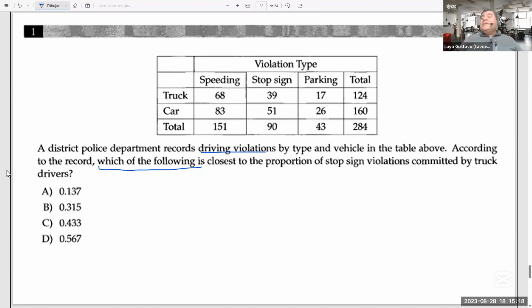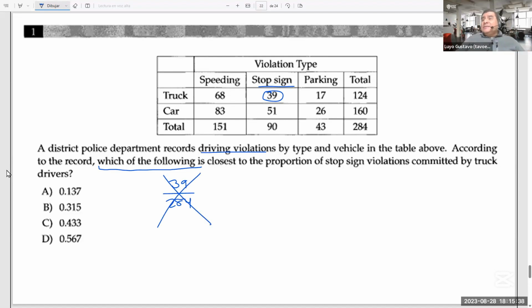Which of the two is the correct understanding? Okay, please pay attention to this, because if you thought that it is the sign violations committed by truck drivers divided by 284, this is not what they're asking.